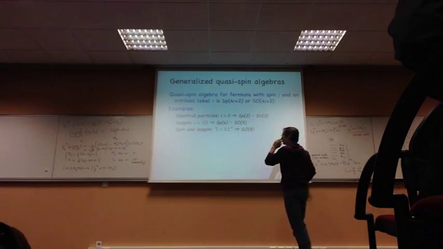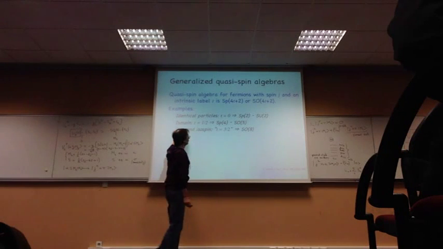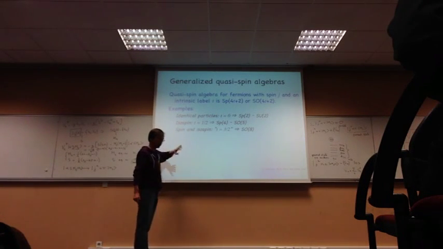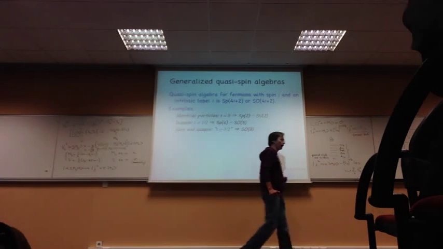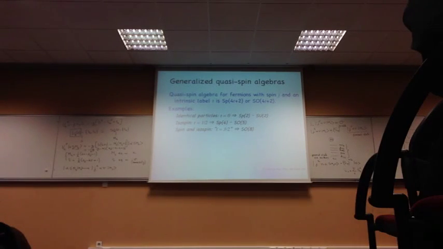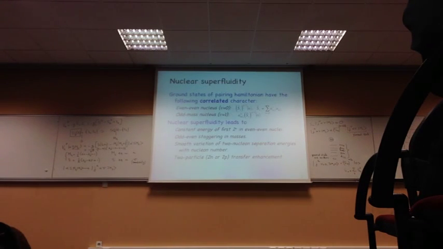Certainly Augusto will discuss the case where you have neutrons and protons interacting by isoscalar and isovector pairing. You can also discuss it in algebraic ways. He will also discuss evidence of nuclear superfluidity, so I will not spend too much time.